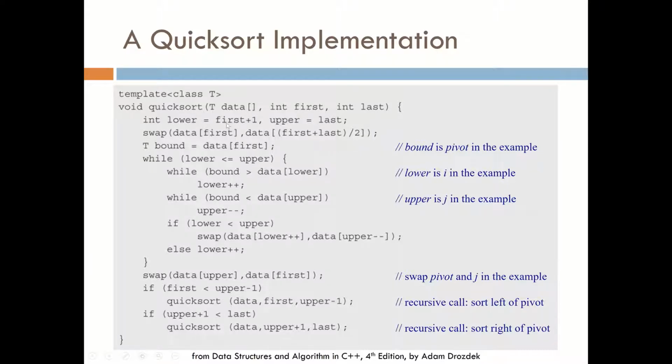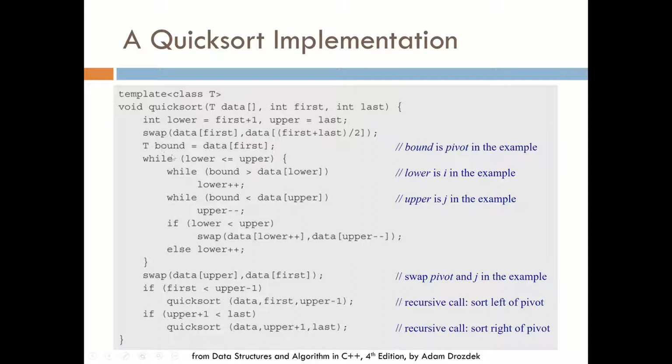So again, lower is 1 to the right of first, and upper is the last element. We swap the value that we pick as the pivot, which is first plus last over 2. We swap that with the first position, okay? So I will call that swapping pivot and first.